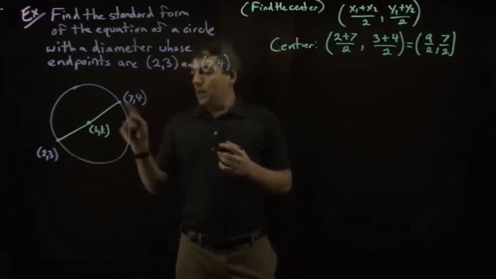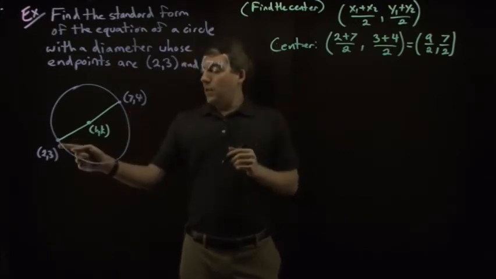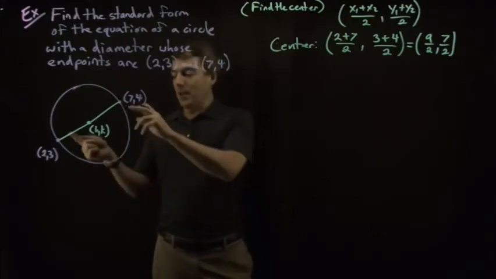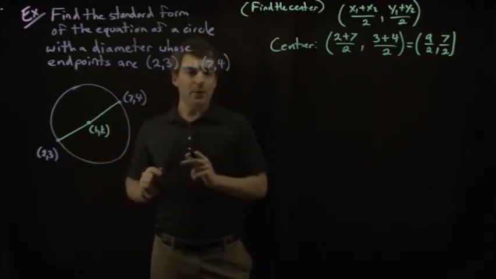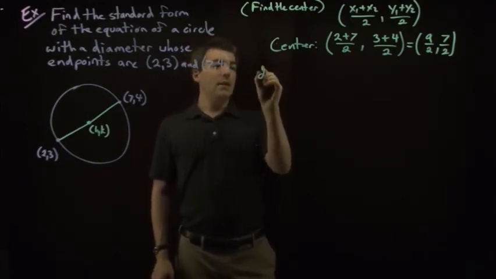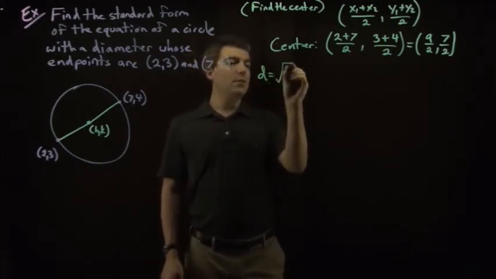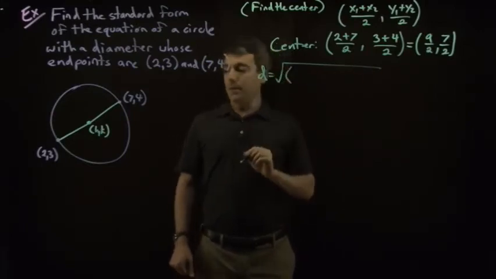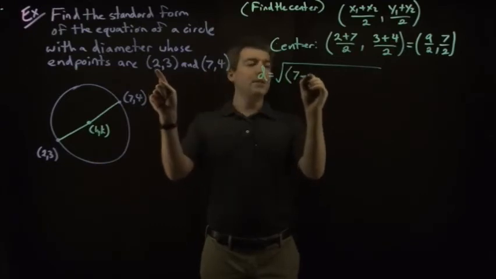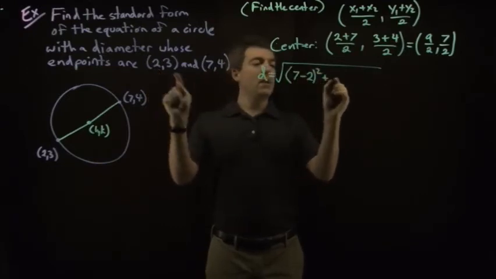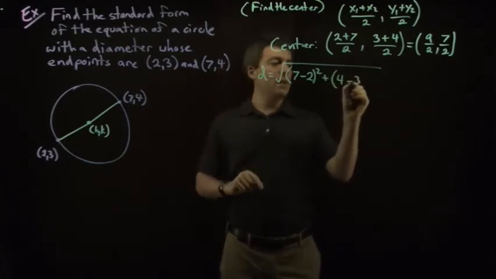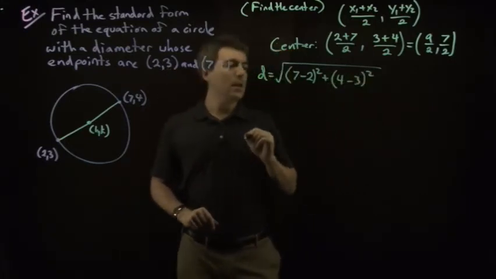So we'll take the 2 points that determine the diameter and use the distance formula to calculate that length, and then we'll divide that by 2. All right, so the distance, we'll just call it d, is going to be the square root of (7 - 2)^2 + (4 - 3)^2.